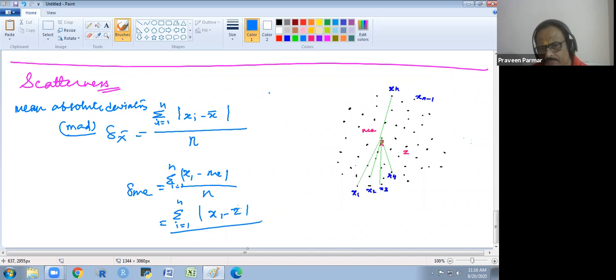This is Z, and this is represented by delta Z. Understand this? Is there any doubt? It is the mean absolute deviation. It shows us the scatter of the data around some central tendency. Understand?